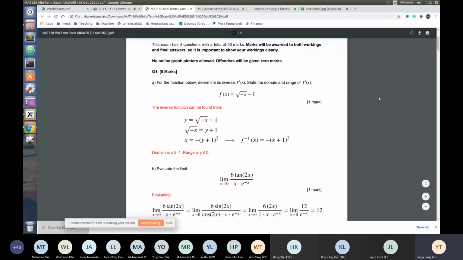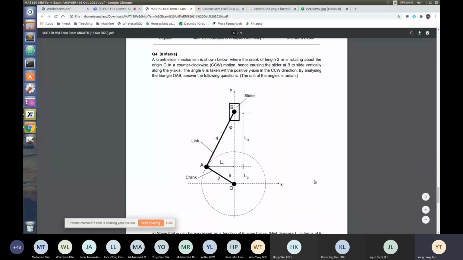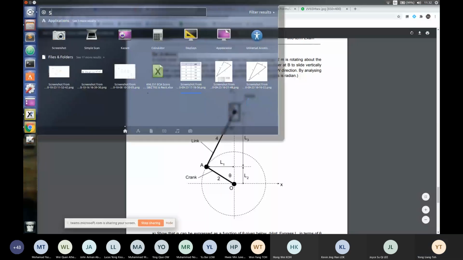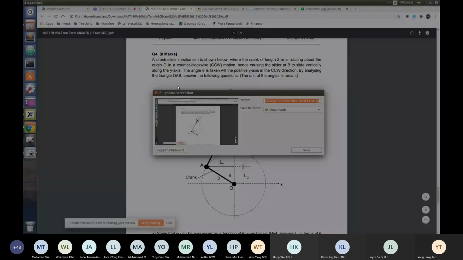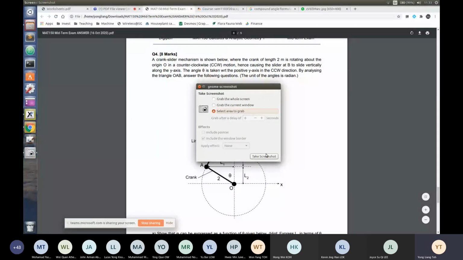If you look at the last question on the crank slider mechanism, I've actually mentioned that this is the basic mechanism for compressors as well as engines. For an engine, this slider is actually your piston. Let me just capture this here and show you how the mechanism is being used.